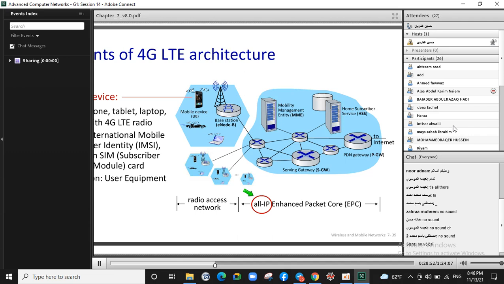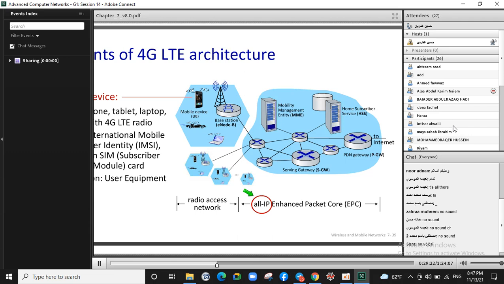If I go back toward the story, the first generation of the cell phone was an analog network. The second generation was a digital version of our telecommunication company. In the first and second generations, we use circuit switching technology, same as other telecommunication networks.